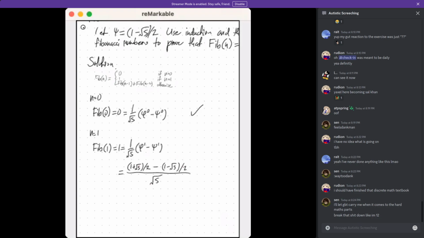Which ends up being, let's see, we can simplify this down to, so these are going to cancel. So 2 radical 5 over 2 radical 5, which ends up equaling 1. So that makes sense.